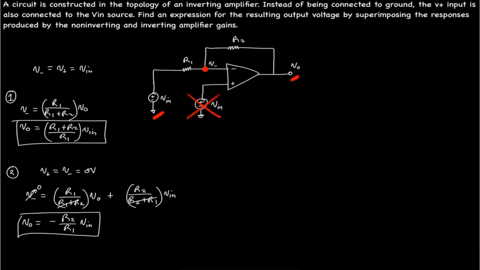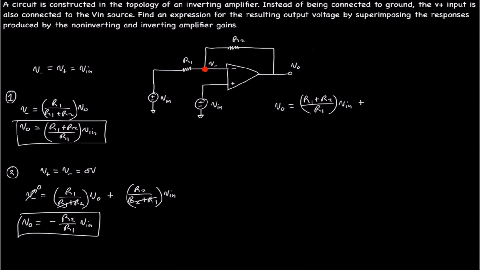So there we have the output response, V out, to the input signal for a non-inverting and an inverting topology. We can then superimpose both of them. Since both V in are equal, V out is equal to the output from the non-inverting, R1 plus R2 divided by R1 times V in.